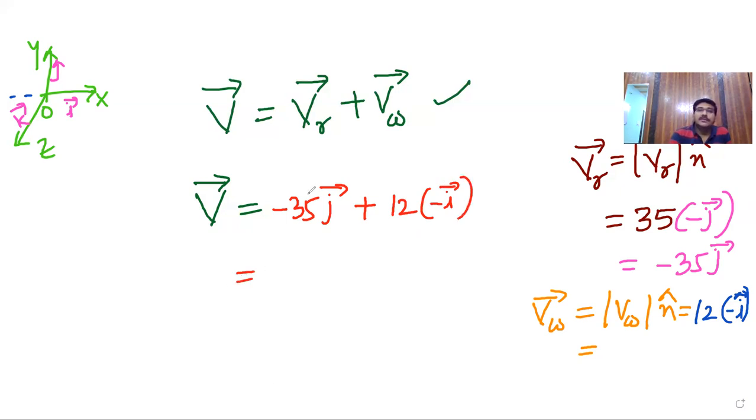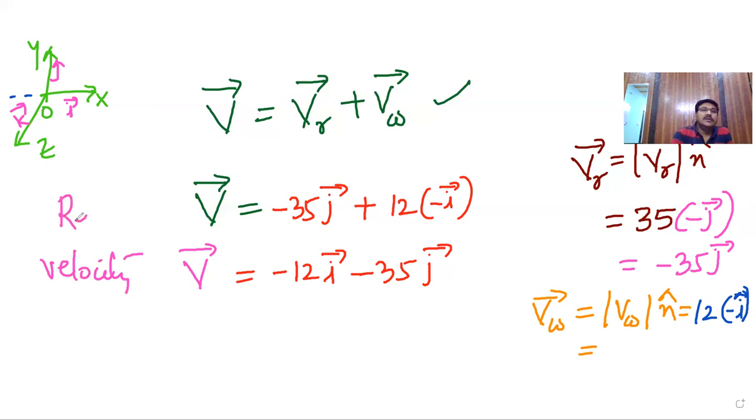I write it in an orderly form, I after I, J. So minus 12 I bar minus 35 J. This is the velocity vector, the resultant velocity vector. Clear? Very simple in the vector notation.